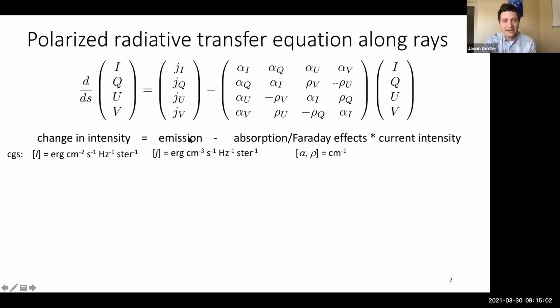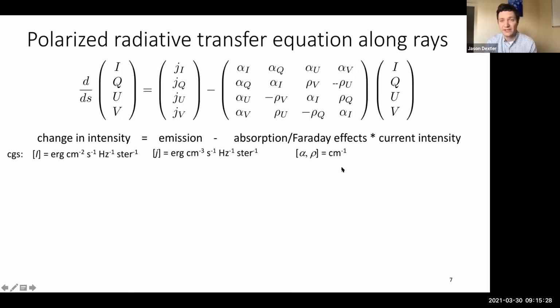We add to our ray due to emission. We subtract from it due to absorption or Faraday effects, these alpha or rho coefficients for each associated with each Stokes parameter. And that modifies our current intensity, so it is multiplied by this. You can see the units of these different quantities here in case you're curious. Okay, so this is how these terms are encoded.